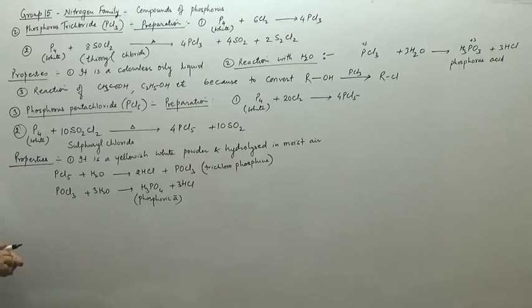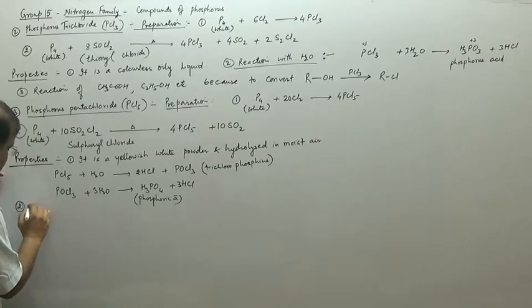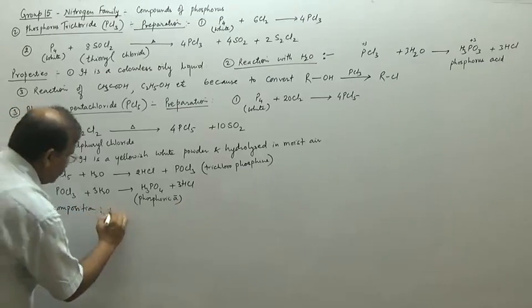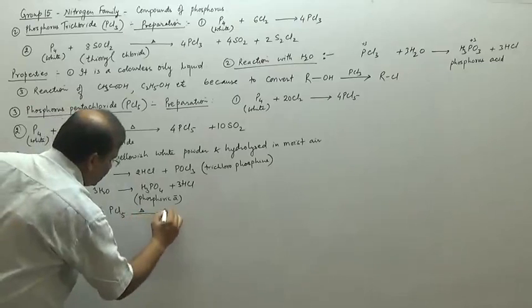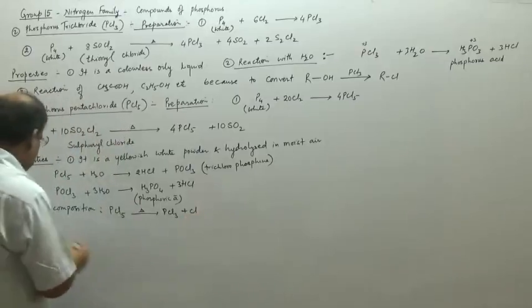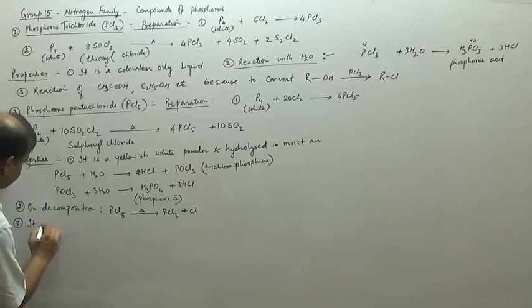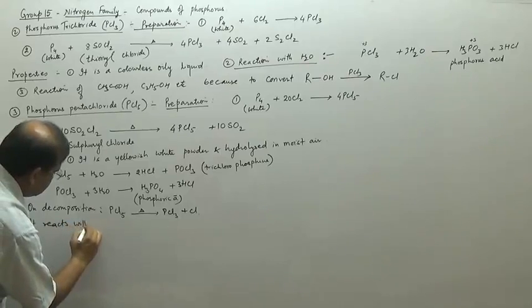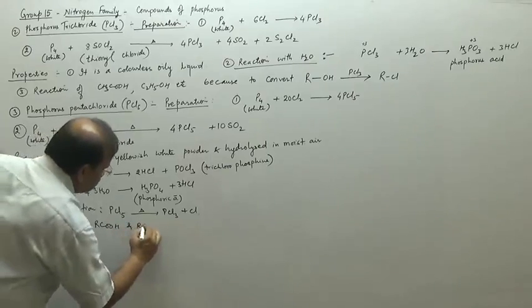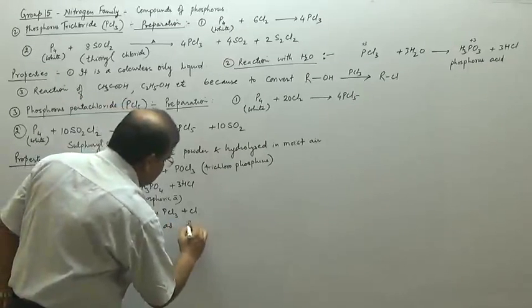Then PCl5 on decomposition gives PCl3 plus Cl2. It reacts with organic compounds like ROH.